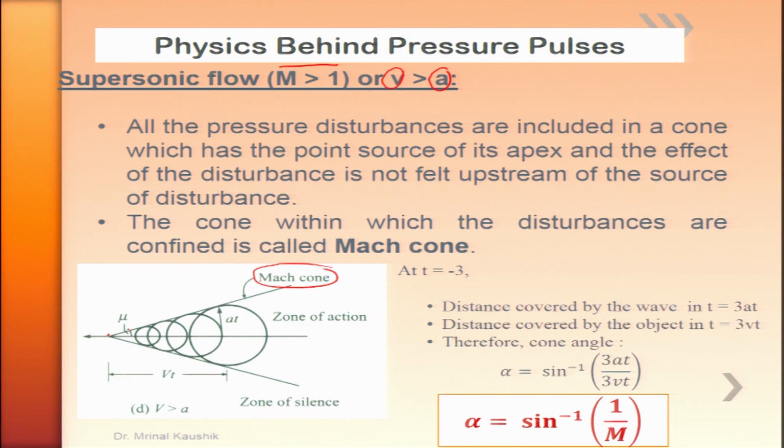The half angle which this Mach cone, let us say the upper one, makes with the center line along which this source is moving is known as the Mach angle. Let us say at t equal to minus 3, the source was present here and it emitted this front.